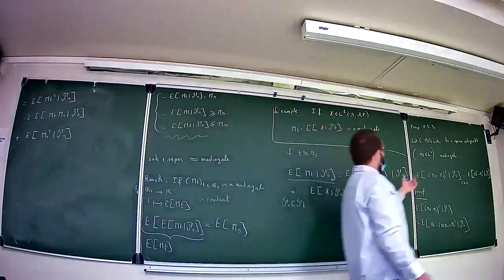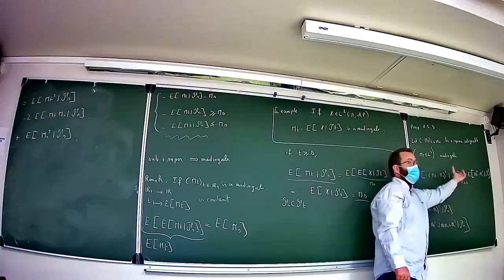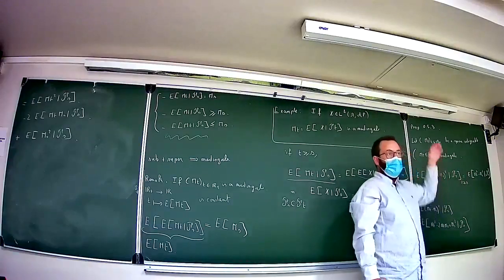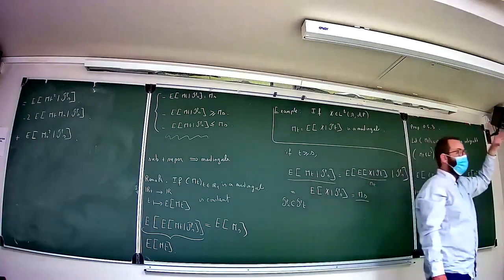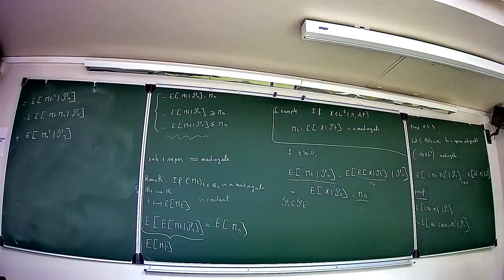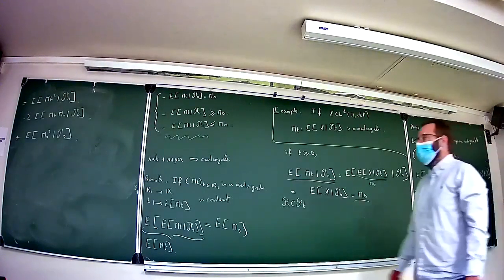Keep in mind that I need the process to be in L2 to give sense to each conditional expectation. What I need inside the conditional expectation is something in L1. That's why I consider the process with values in L2.